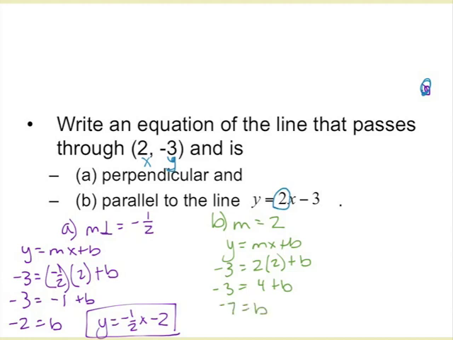Subtracting out gives -7. And we plug in the m that we used and the b that we found. And we can see that this is like the original equation, but it has a different y-intercept. It's going to hit at different points, but run along side by side. Questions?